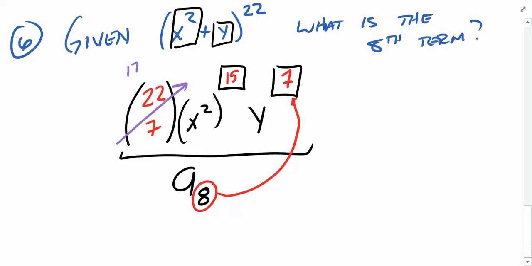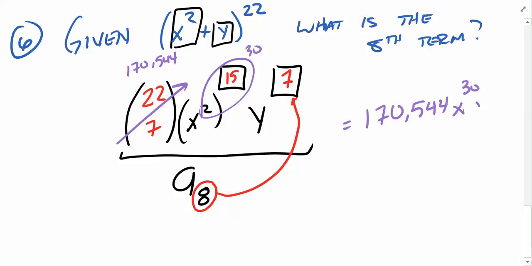Yikes. And then when I raise a power to a power, I multiply those two, so I'm going to get x to the 30th. So the answer I'm looking at is equal to 170,544 x to the 30th, y to the 7th, because I'm multiplying x squared to the 15th, and I multiply power to power.